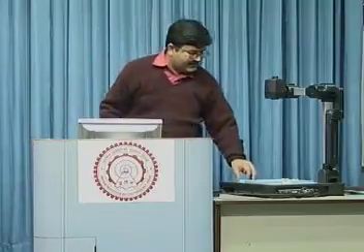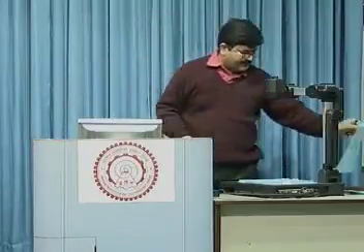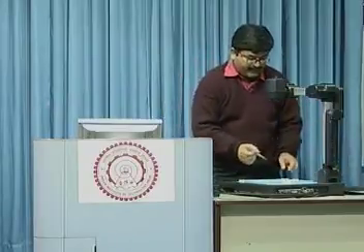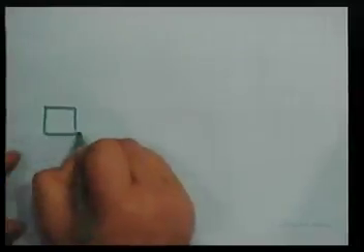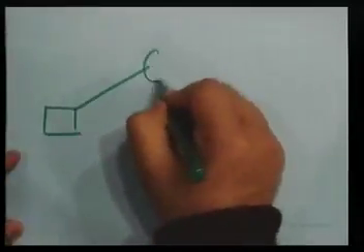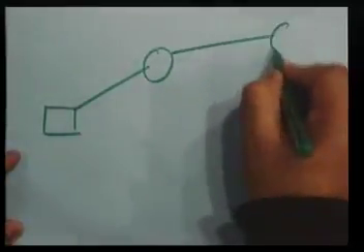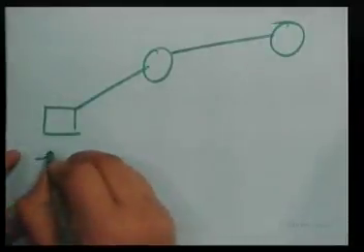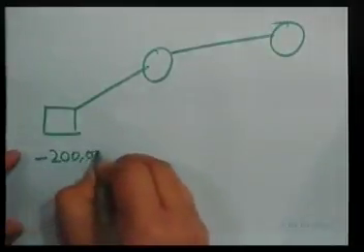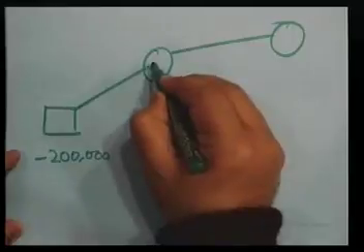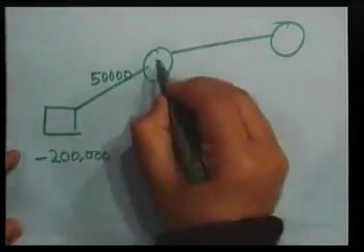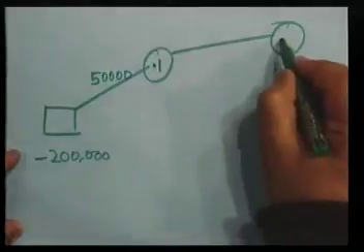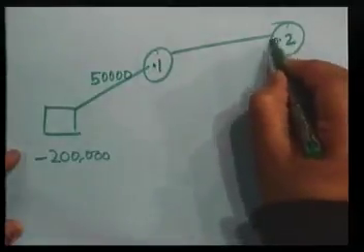Now, if I just show you on this piece of paper, the first path is something like this. This is minus 200,000. Return is 50,000. Probability is 0.1. Here it is 0.2.